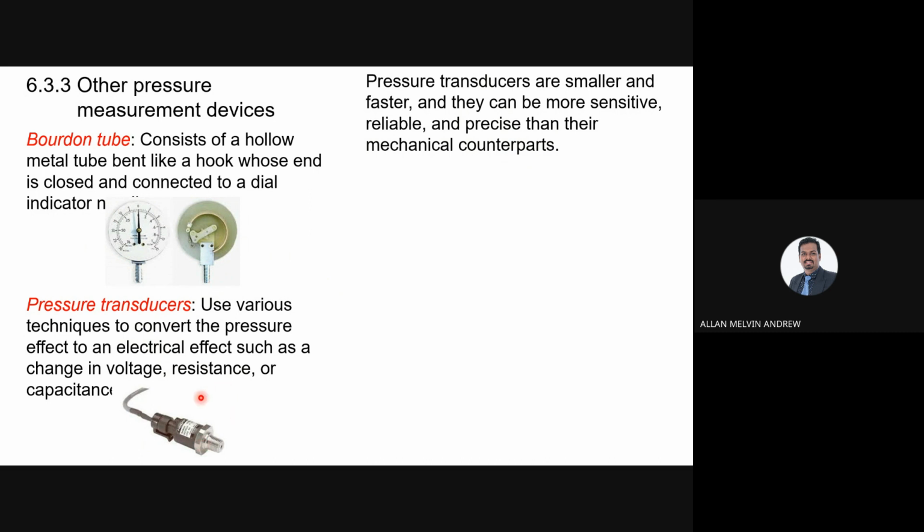So it's more accurate. For example, we can see it at the petrol station. If you go and fill petrol, we normally see the digital meters. When you press the nozzle, you can see the meter already start moving, because they have pressure transducers inside, so it's more reliable.